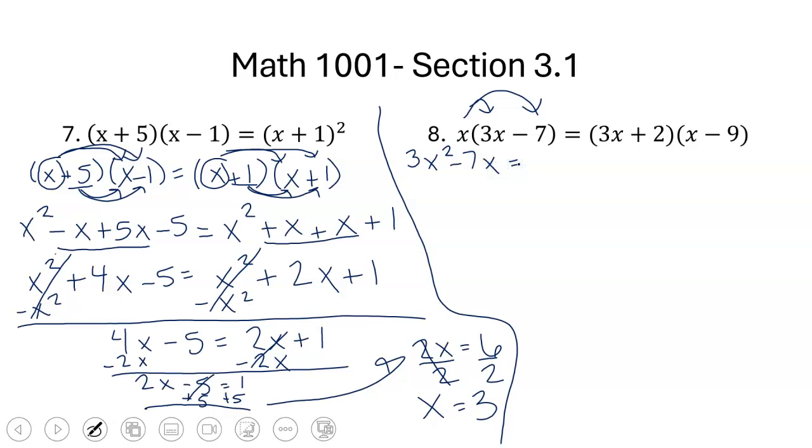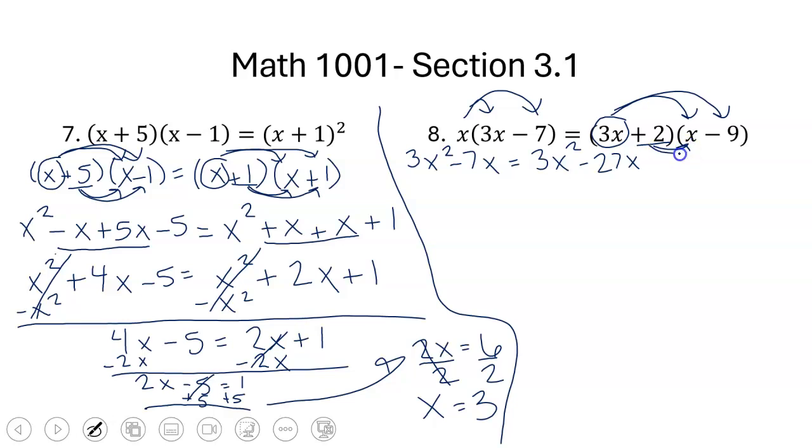Now let's do our FOIL or distribute property. So I'm going to take this 3x and I'm going to multiply it into the second group. So 3x times x is 3. How many x's? 2, x squared. 3x times -9, so that's -27. Bring down your x.